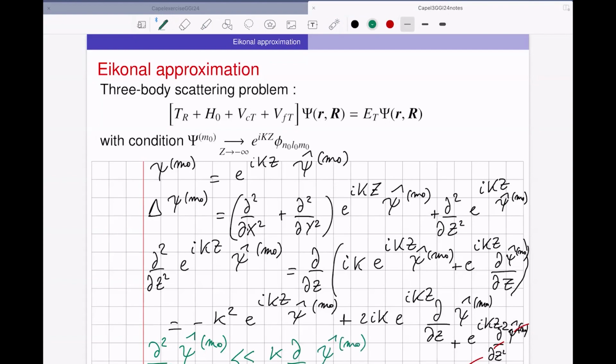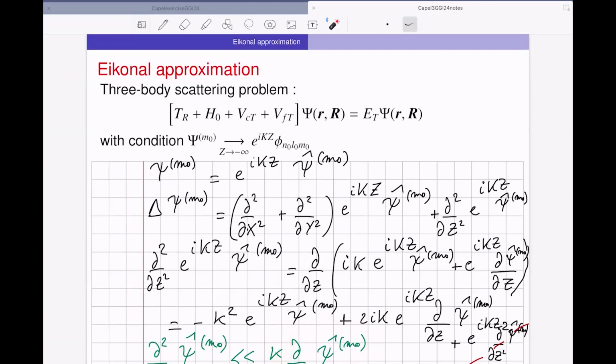Okay. And there are two reasons. First, you have only a single derivative here, and you have a factor of k. If you are at high enough energy, k will be rather large.